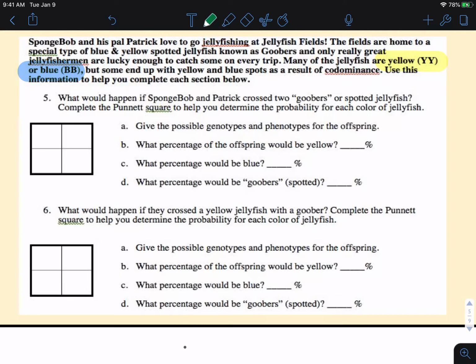Complete the Punnett square. It doesn't lead you to this one, but we have to use a little bit of thinking. If yellow is YY and blue is BB, that means a goober is going to have to be YB. It's one of each. So in this problem, if we're crossing two goobers, that means we've got YB.